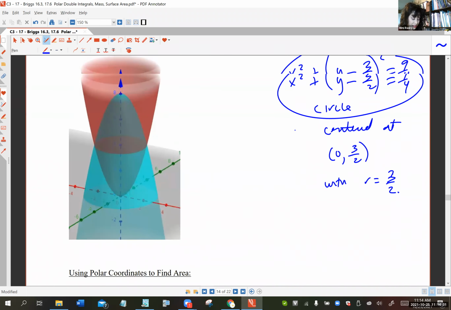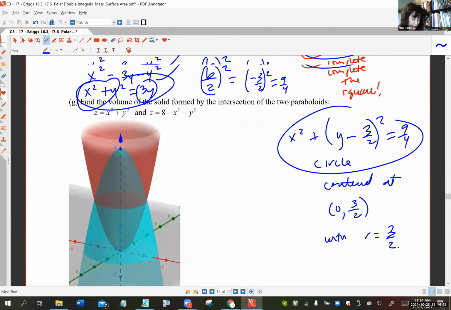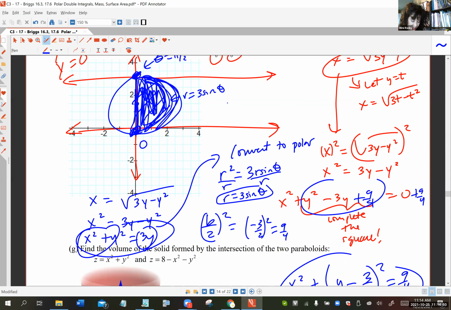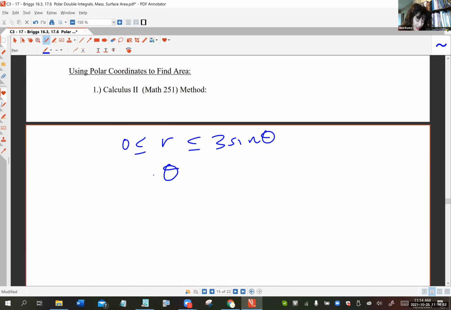Now, what is theta going to be doing? Oh, that's the hard part. It turns out that theta is starting here at 0, and then it sweeps out to stop up here, but that's where theta is equal to pi halves. So your limits for theta here are 0 to pi halves.